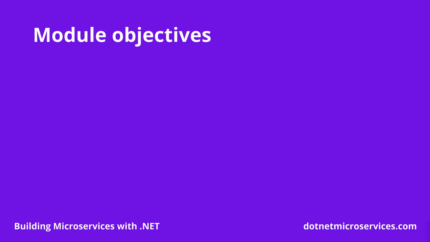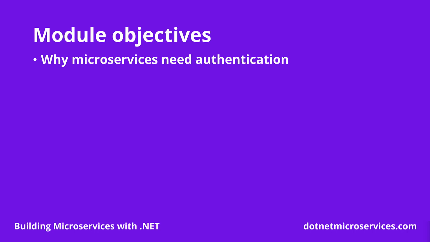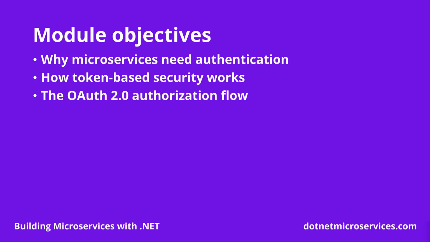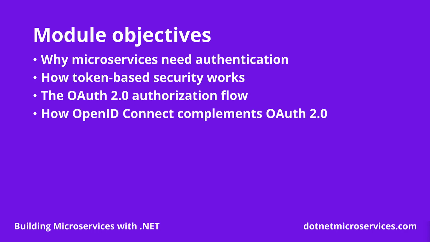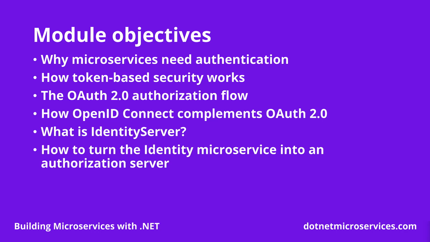By the end of this module, you will have a solid understanding of the following: why a microservices-based system needs authentication, what token-based security is and how it works, what OAuth 2 is and the participants and steps of the authorization code flow, what OpenID Connect is and how it complements OAuth 2, what Identity Server is and how it relates to OAuth 2 and OpenID Connect, and how to turn our existing identity microservice into an authorization server. Let's get started.